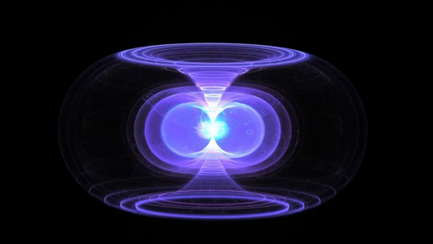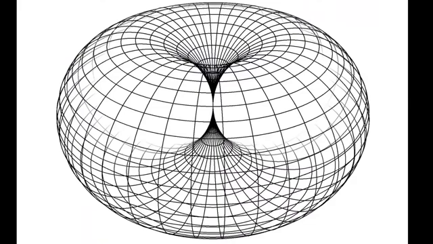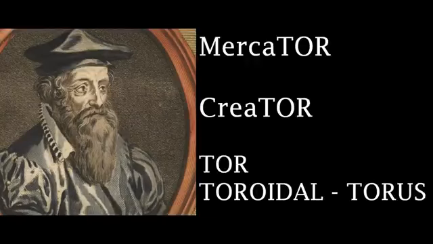Even in their heliocentric lie, they acknowledge that the Earth's magnetic field is toroidal, or shaped like a torus. The name Mercator produces the 7-letter anagram creator, tor, toroidal or torus.